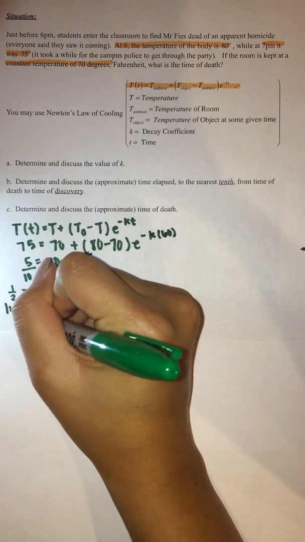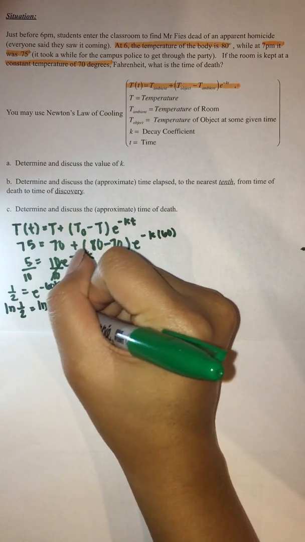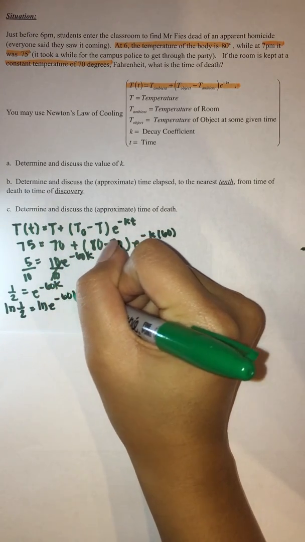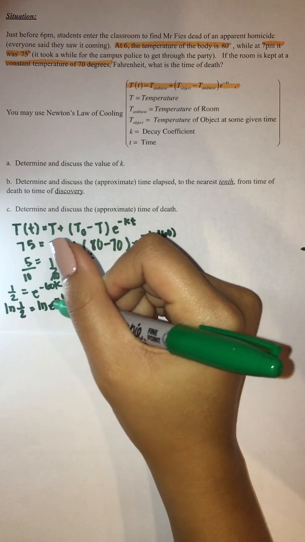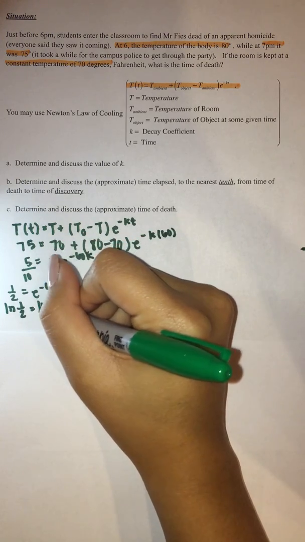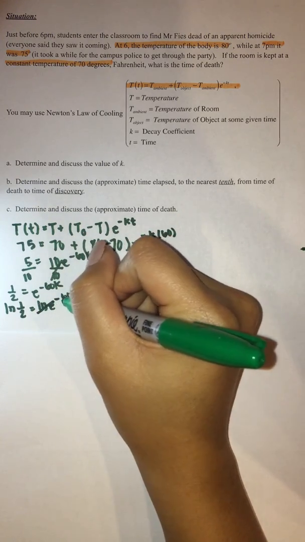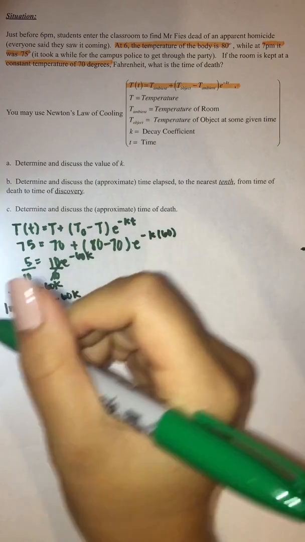Natural log of 1/2 equals natural log of e to the negative 60k. Natural log of e is 1, so we can mark that out and move the negative 60k down to the bottom.